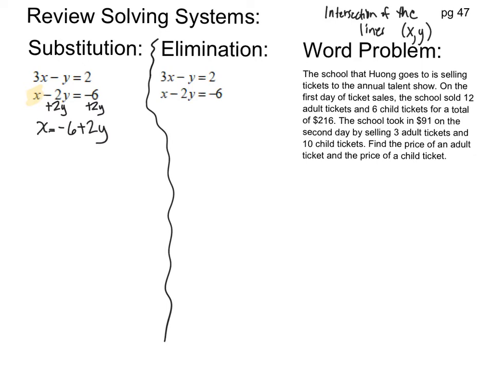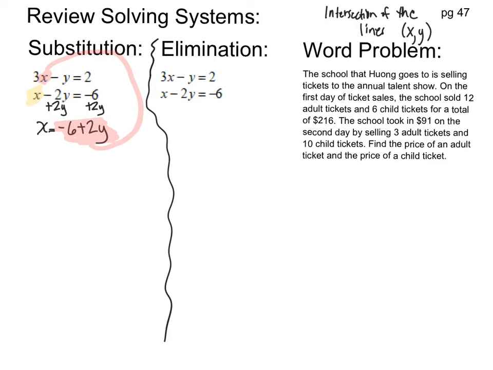The next thing that I'm going to do is take this expression, -6 plus 2y, and substitute it in for x in the top equation. We're using substitution.